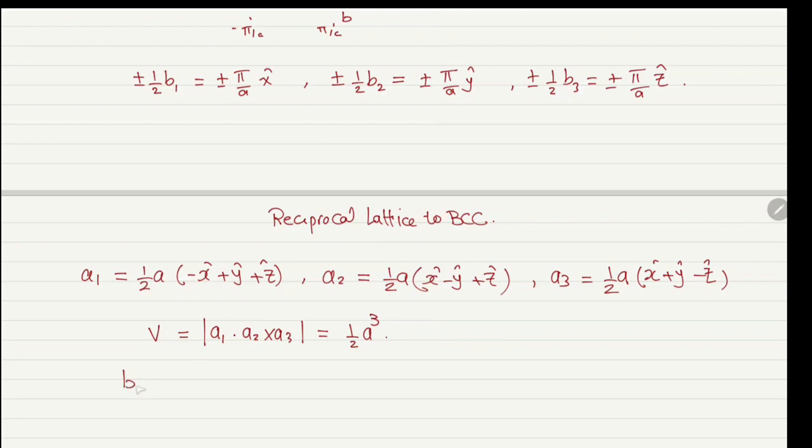Now for b1, we just substitute this back into the b1, b2, b3 equations. You will find b1 equal to 2 pi over a (y hat plus z hat), b2 equal to 2 pi over a (x hat plus z hat), and b3 equal to 2 pi over a (x hat plus y hat).